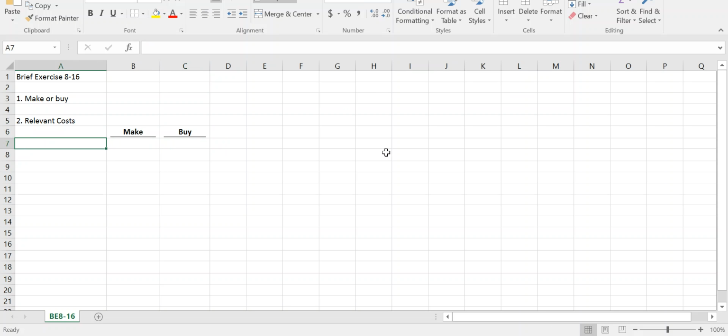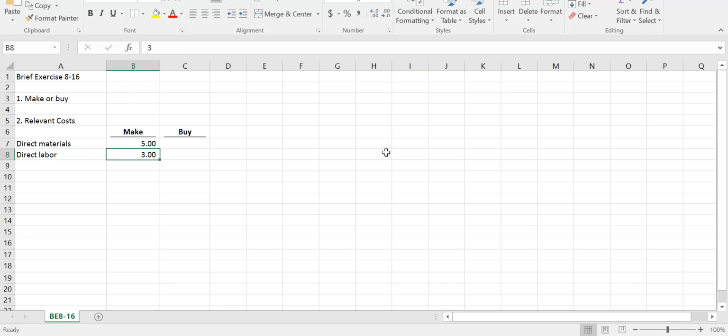So, for example, when we decide to make the product, we are going to have to invest in direct materials. And our direct materials on a per unit basis is $5. If I buy the product, I don't have to buy those direct materials. I'm also going to have direct labor if I make it. It's $3 per unit here. And again, if I buy the product, I don't have to incur that direct labor cost.